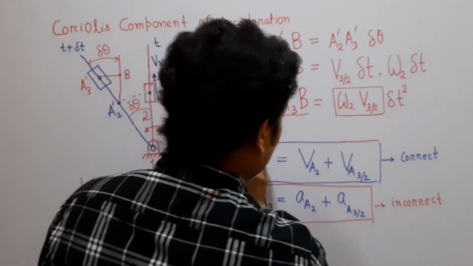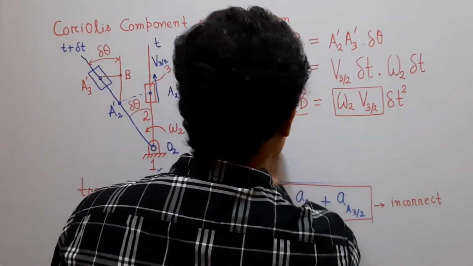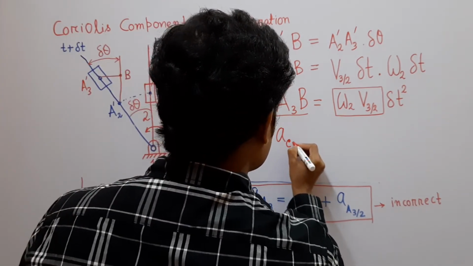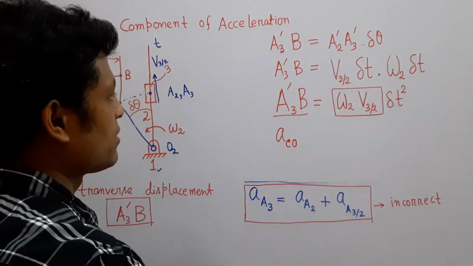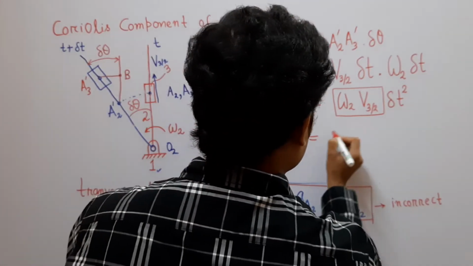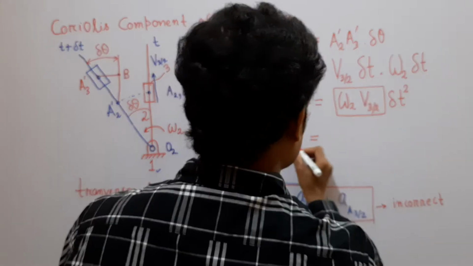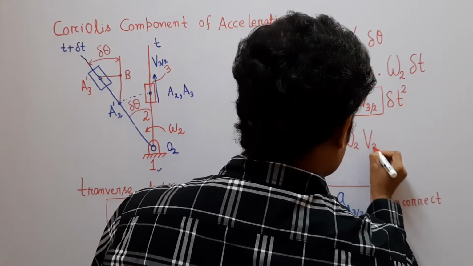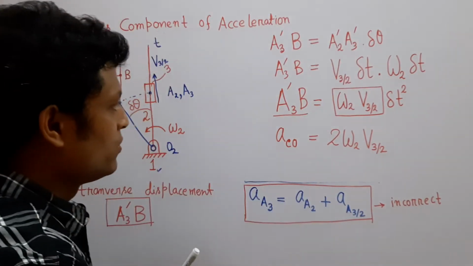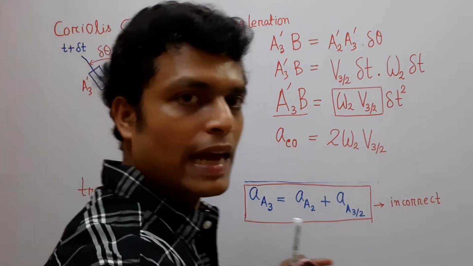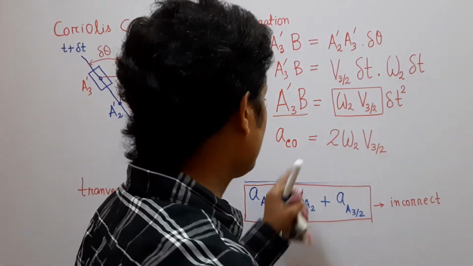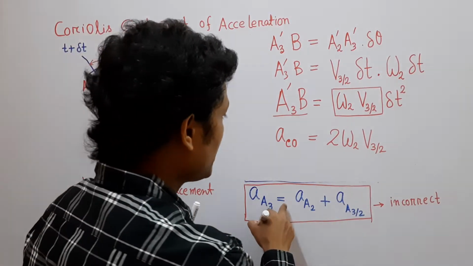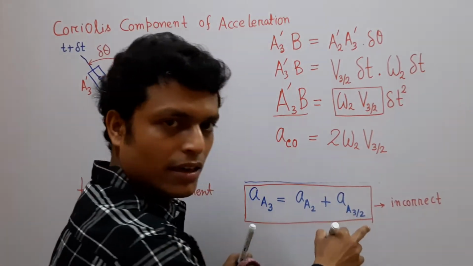Let me erase these things because we do not have space. So this acceleration component is nothing but the Coriolis component of acceleration, ACO. Half of that is equal to this, so the total acceleration is 2 into omega 2 into V3/2. As this displacement is due to acceleration, it doesn't affect the velocity equation, but it affects the acceleration equation.